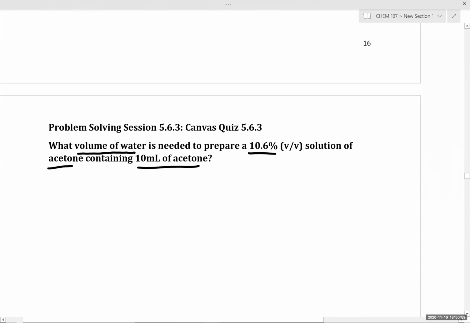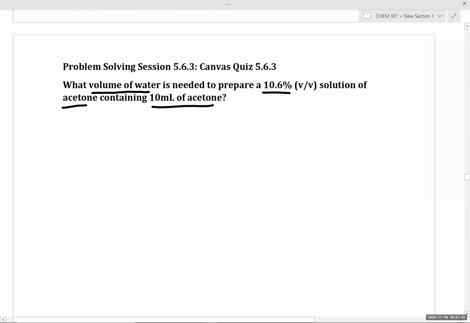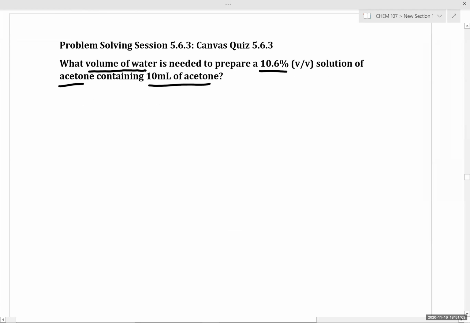Perfect. Okay, so let's take a look at this next problem. Let's try to solve the following volume over volume percent calculation. Let's work on this example for about 2 to 3 minutes, and we'll discuss momentarily.